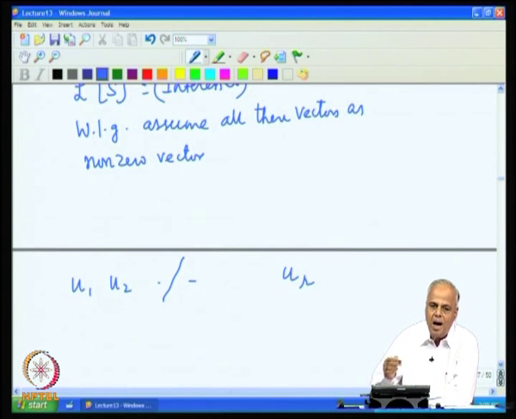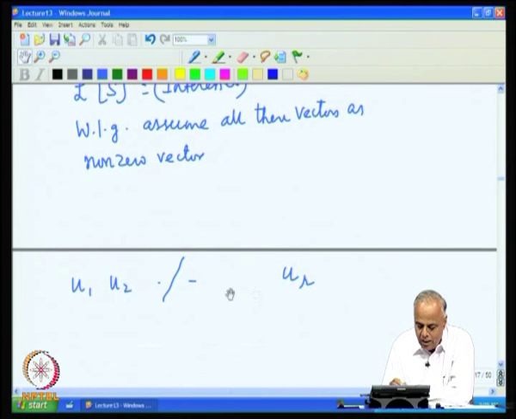Then again after removing whatever is remaining, I continue this process again. Now again I search from left to right. Now nothing before this can be a linear combination of the previous fellows, because this was the first vector that came about as the linear combination of the previous vectors. So the next, if at all there is any other vector, it will come later. So suppose we hit another vector which is a linear combination of now all the previous vectors with this removed.